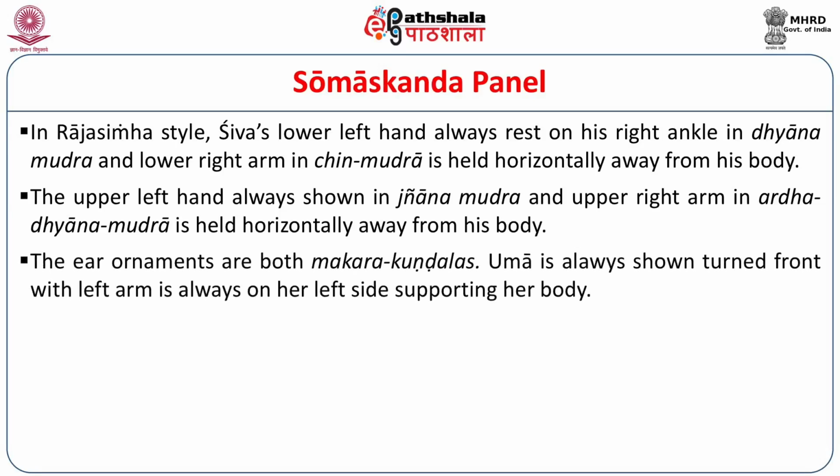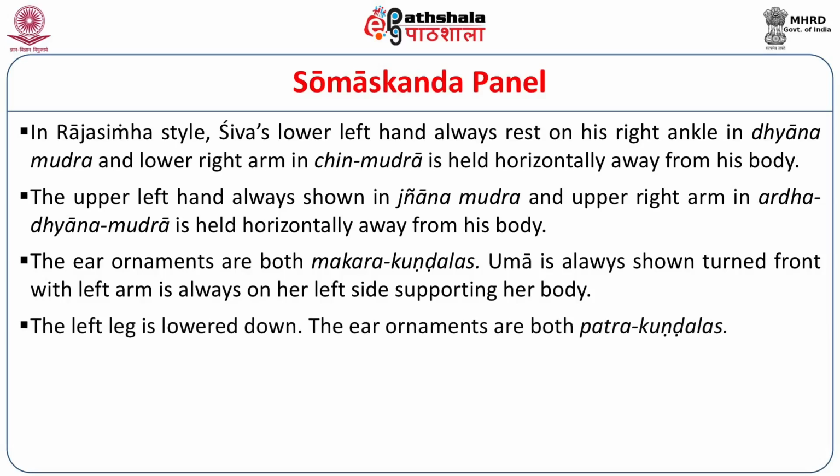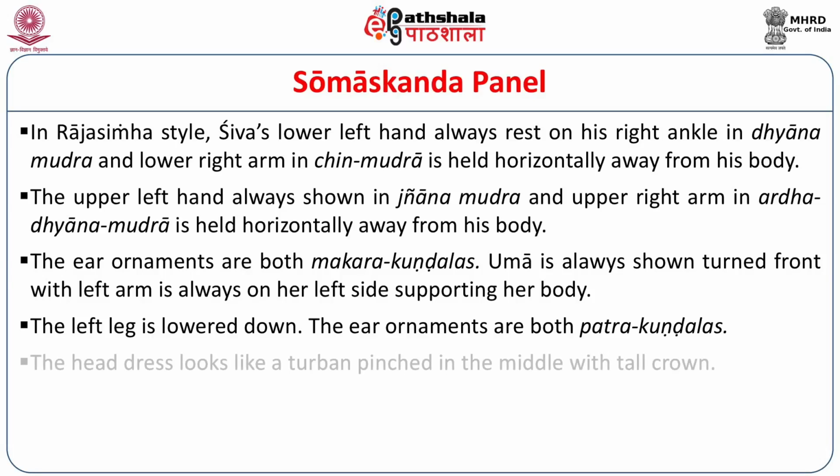The ear ornaments are both Makara Kundalas. Uma is always shown turned front, with her left arm on her left side supporting her body. The left leg is lowered down. The ear ornaments are both Patra Kundalas. The headdress looks like a turban pinched in the middle with a tall crown.